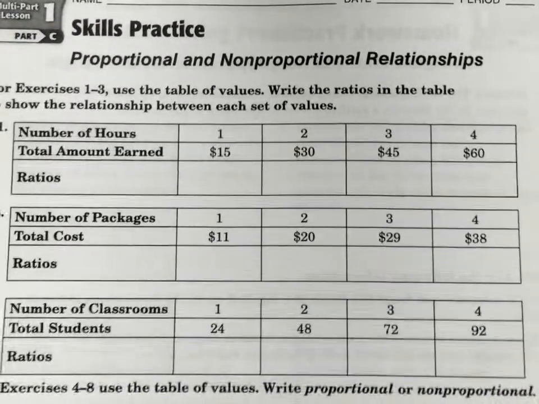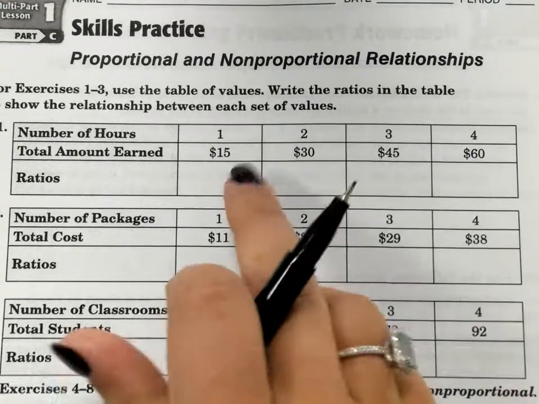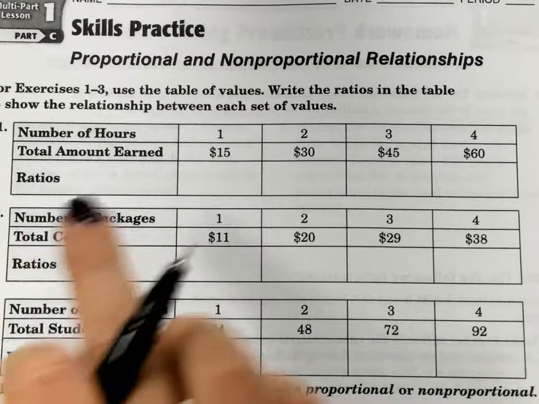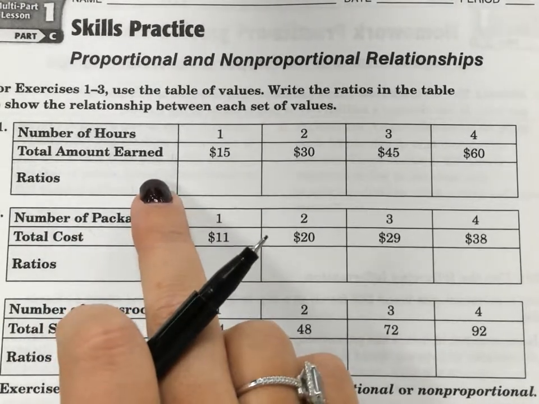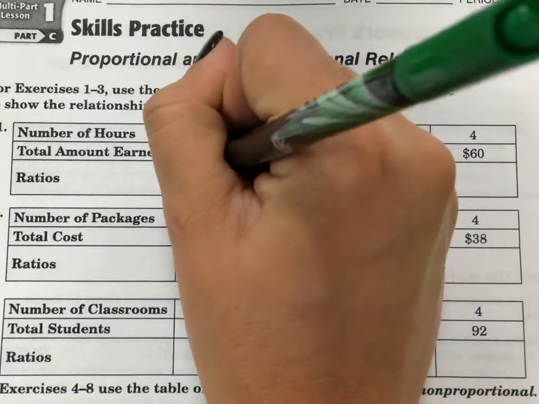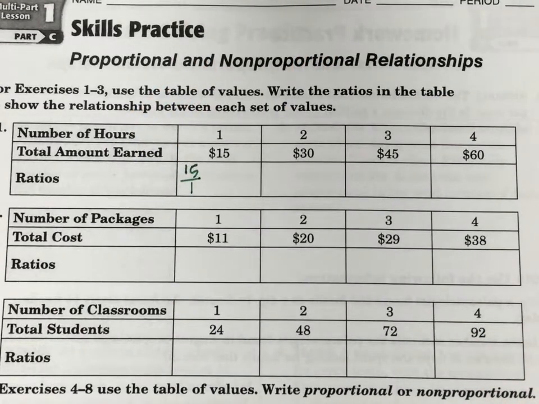So in this case, all I'm doing right here for 1 through 3 is writing my ratios. So the ratio from total amount earned to hours is going to be 15 over 1, which simplifies to 15.